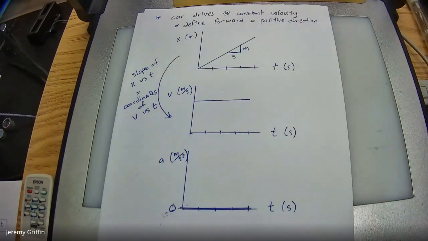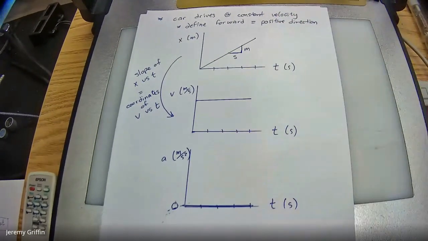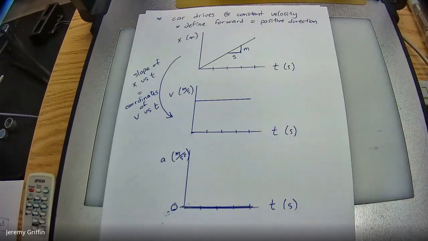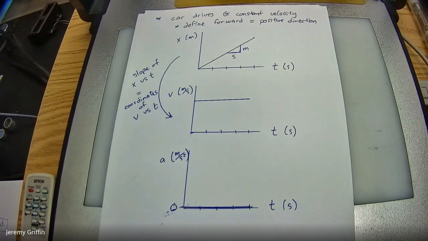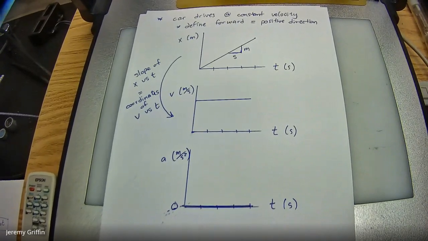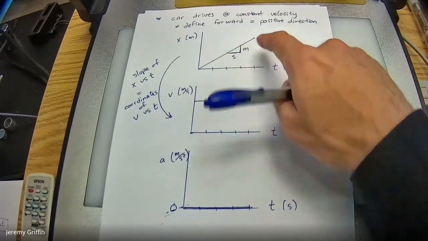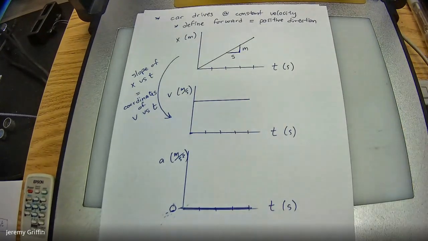So take the slope of the top graph, you can plot the coordinates of the next graph. That's what a derivative in calculus is, by the way. So a derivative is just an instantaneous rate change. So what's the instantaneous rate change of my location? Well, it's my velocity.